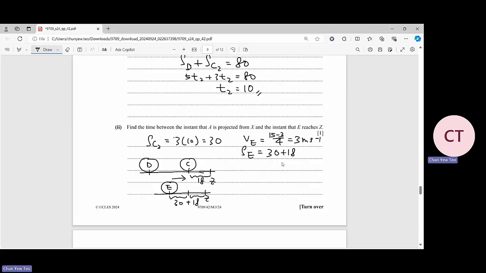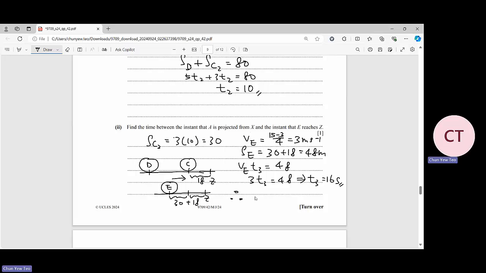So we need to move from here. This one is 48 meter. Okay. So formula for SE is VE T3 is equal to the 48. It's a 3t3 is equal to the 48. That means the t3 is equal to 16.